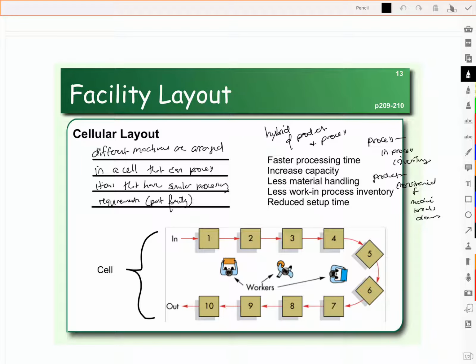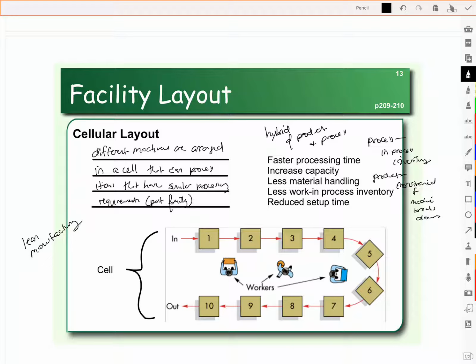And the other benefit of cellular layout, it's often used with lean manufacturing, because then we can have fewer workers keeping an eye on more machinery and equipment. And the idea with lean manufacturing is that we're producing more and we're doing it with less inventory, bringing materials in just when we need it.